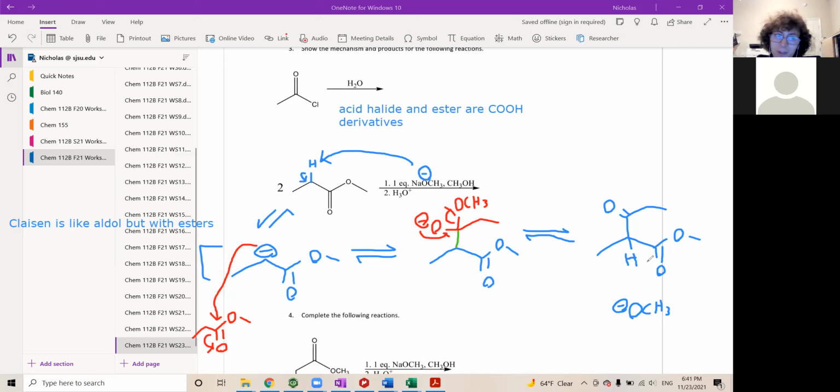So since it's alpha to 2 things, it has a pretty low pKa. That's a fairly strong acid. We have a kind of strong base here, not super strong, relatively. So there's going to be an acid-base reaction here that you can't stop. Even though this is the final product, this always happens. You can't stop it.